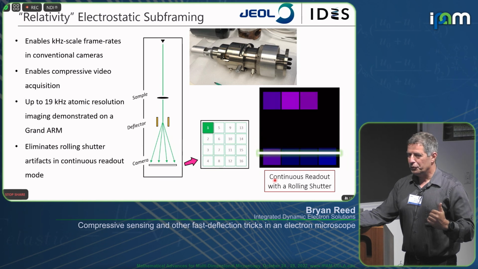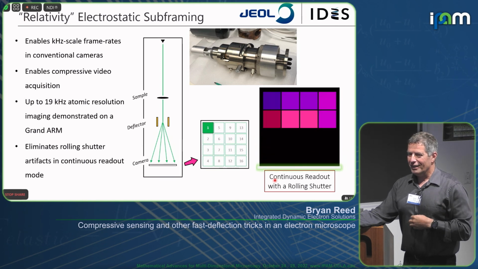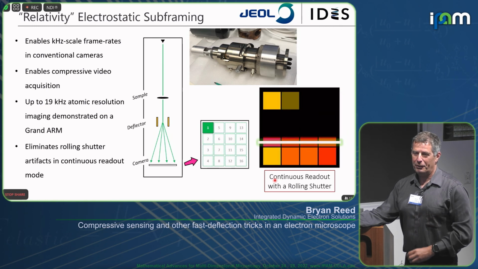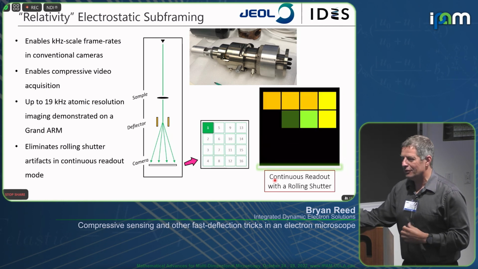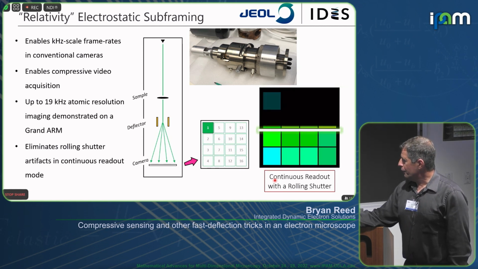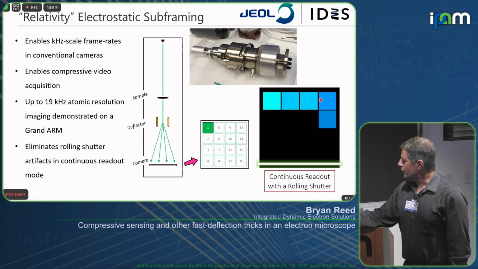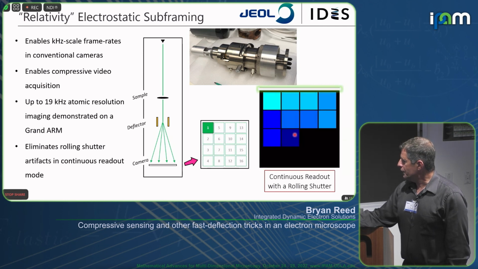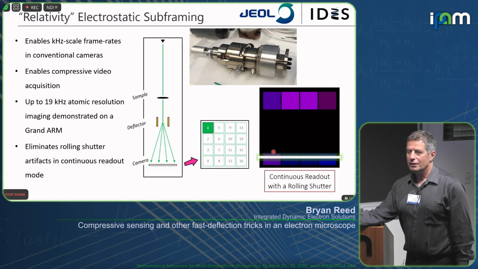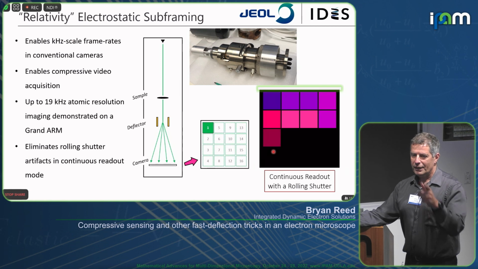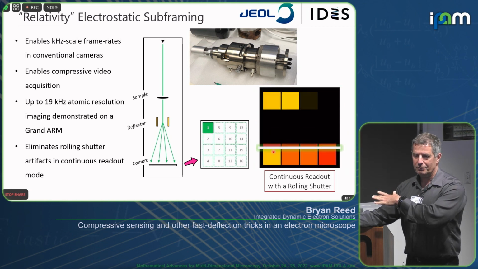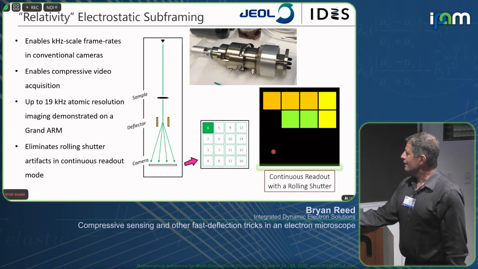So if you Google rolling shutter artifacts, you can find like crazy looking Picasso propeller blades, and it's just nuts what this can do. But it mixes different points in time in a complicated way. But if we run our deflector so we are never exposing where it's reading out, and if our reconstruction software knows that we are operating in this mode, we can reconstruct continuous video with one of these things with no rolling readout artifacts. So that's fun.